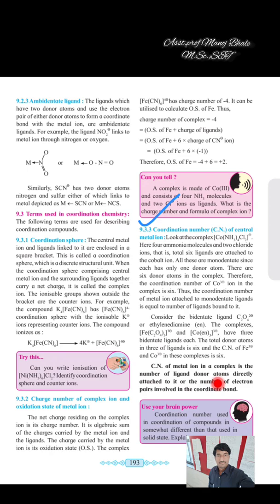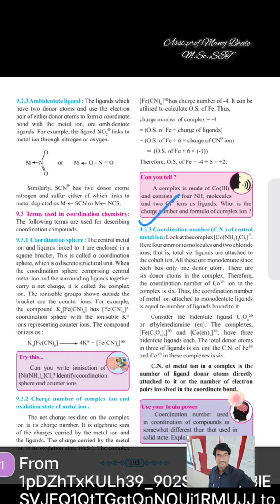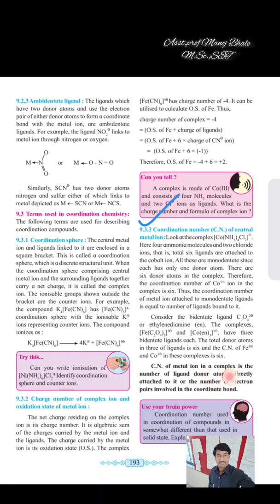The coordination number of the metal is nothing but the number of donor ligands which are directly attached to the central metal, which is called a coordination bond, and this number is known as the coordination number. That means the atoms directly attached to the central metal give the coordination number of the given complex.